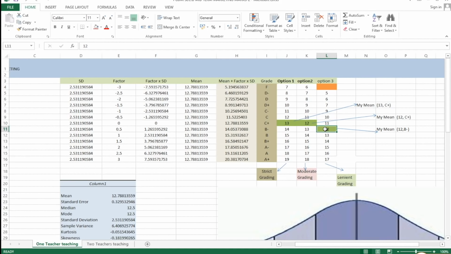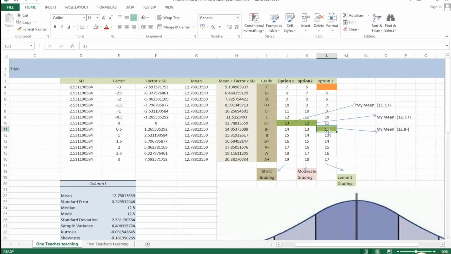And that is how grading is different from marking. In marking, 12 means 12 and 13 means 13. But in grading, through the judgment of the teacher, he can associate a higher grade at an average, thereby giving better grades to an average student, thereby becoming lenient.